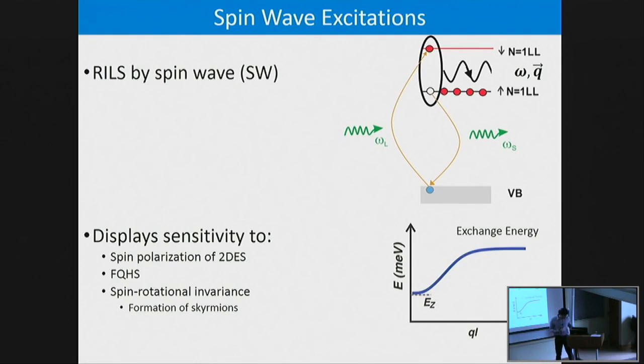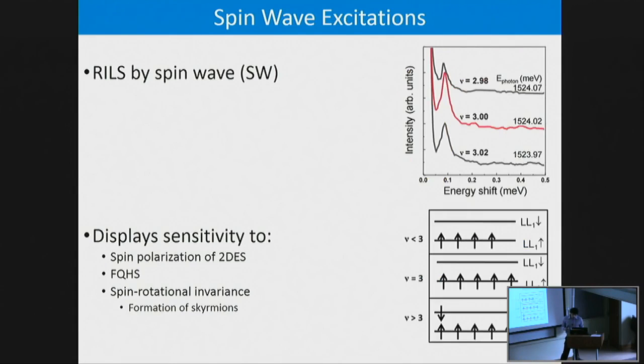This spin wave mode is also extremely useful in determining the exact filling factor, the exact magnetic field for filling factor 3, because it displays an incredibly strong sensitivity to the spin polarization of the electron system.